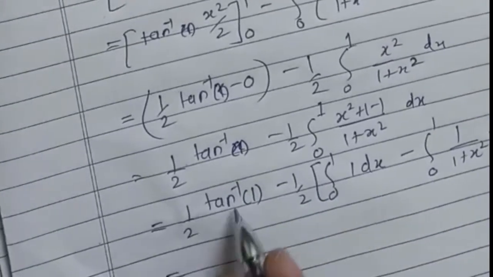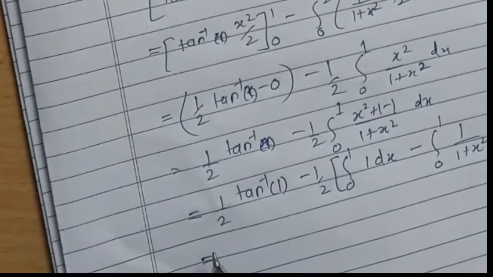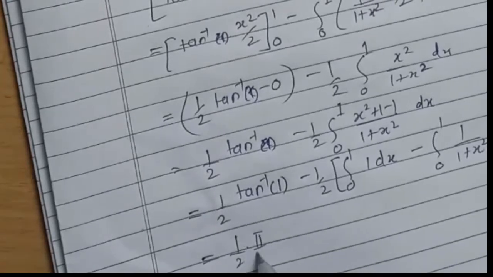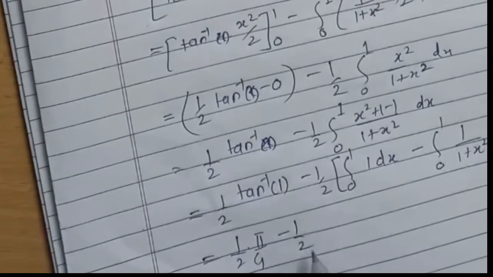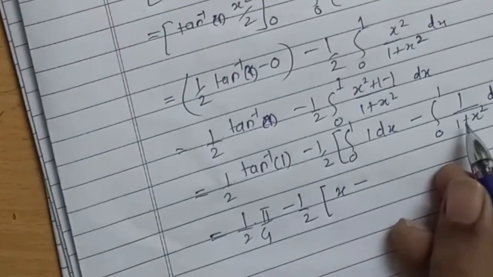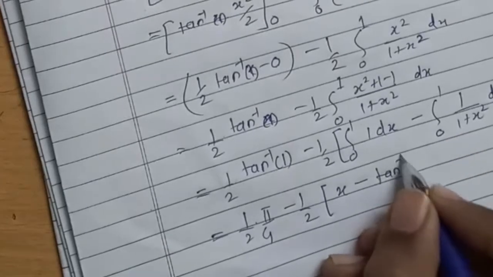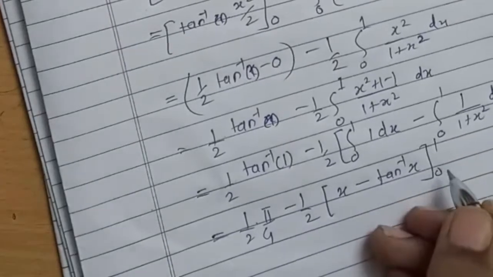which is nothing but 1 half into tan inverse of 1. You know what tan inverse of 1 is? Tan inverse of 1 is nothing but pi by 4, and 1 half into pi by 4 minus 1 half into x minus, the integration of this is nothing but tan inverse x, with limits 0 to 1.